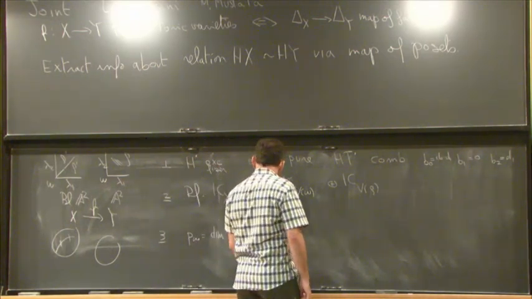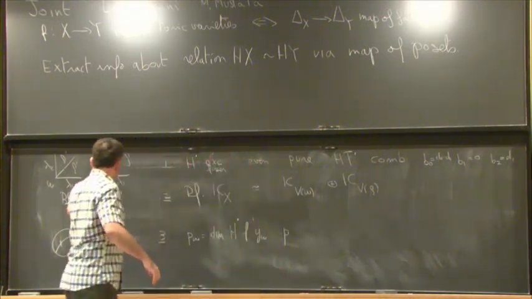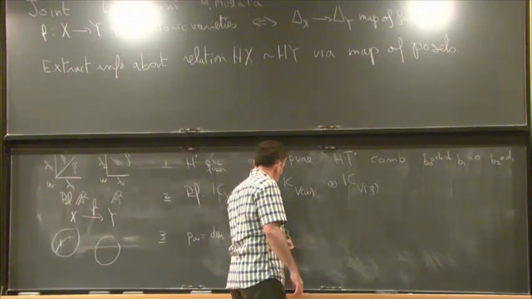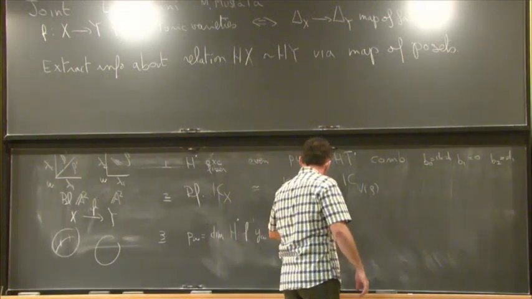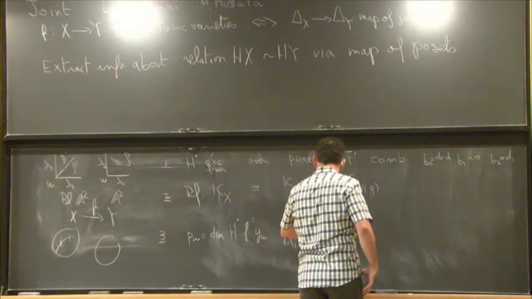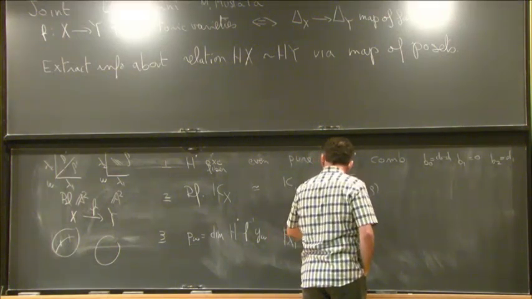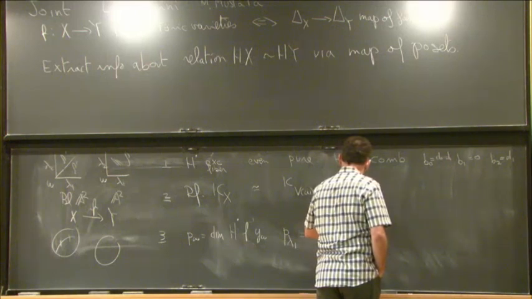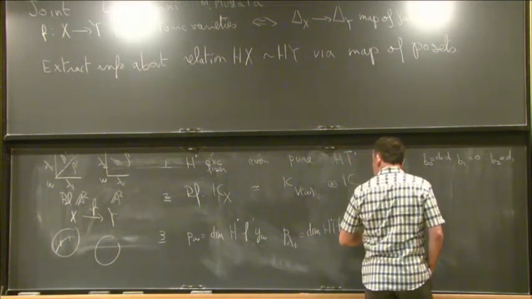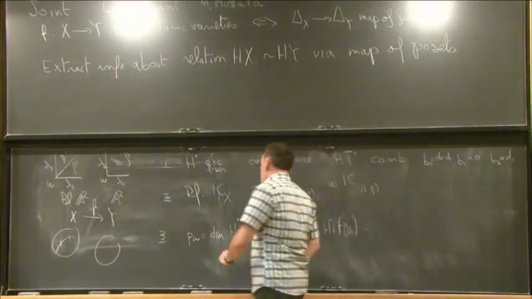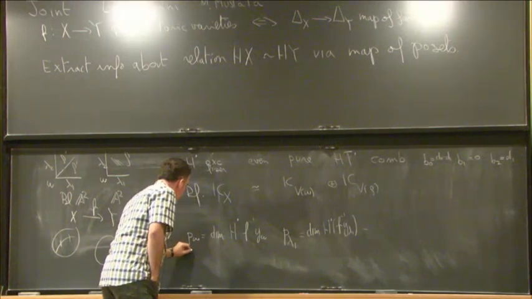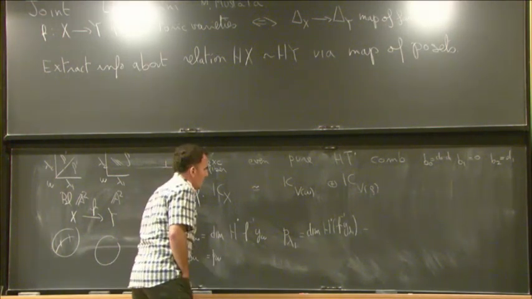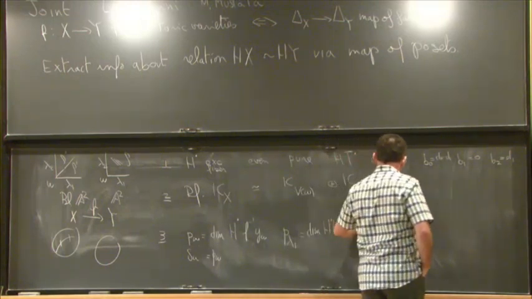Then I want to define an invariant for each cone downstairs. I define P lambda 1 to be the dimension of the same thing, but over the generic point of the corresponding orbit. And then I subtract: after I define P omega, I define delta omega to be P omega.